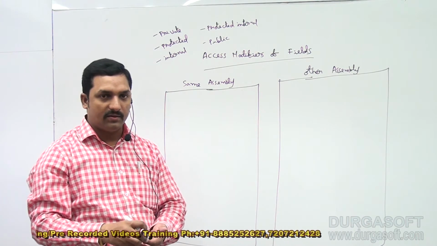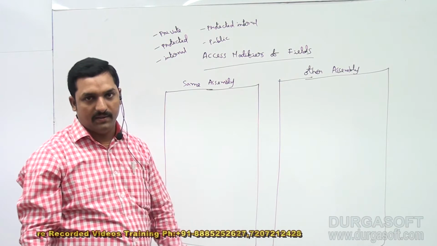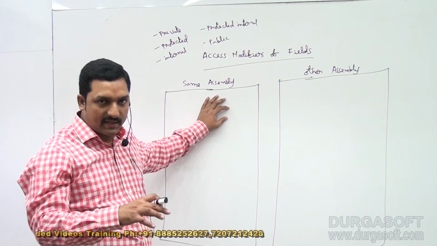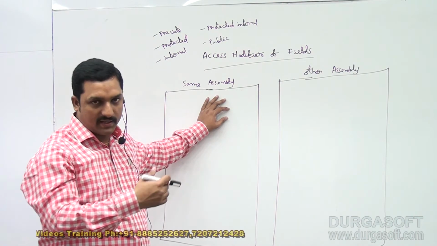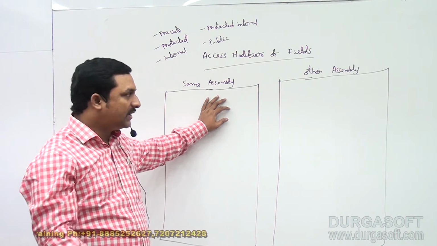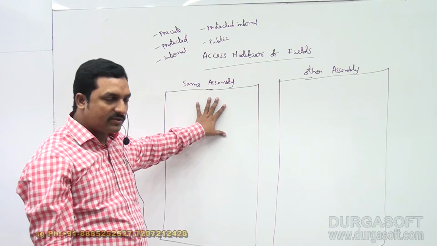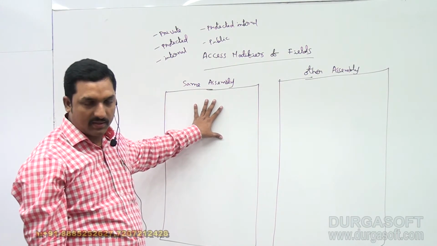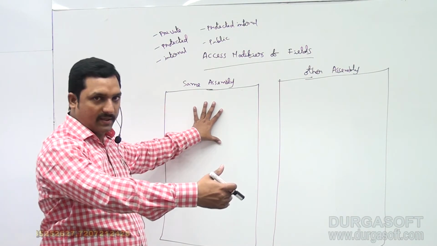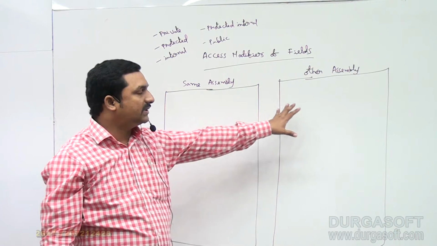That is nothing but assembly. Same assembly means we are presently writing a class. For example, you are writing a student class. The student class is present in one assembly. That assembly we assume as the same assembly, or current assembly, present assembly. We have a different assembly. That is what we call the other assembly.